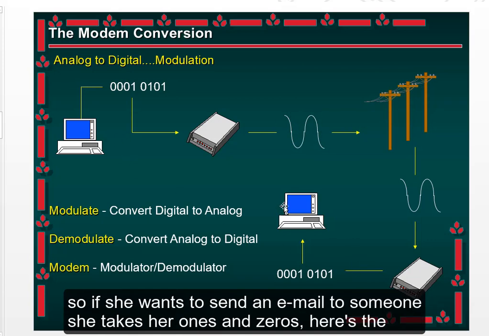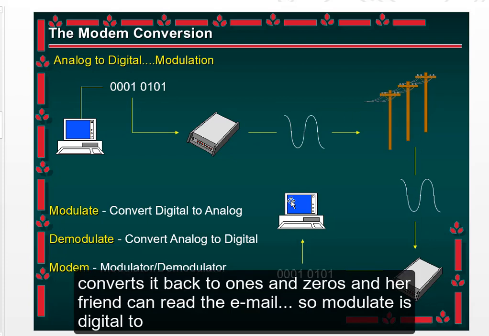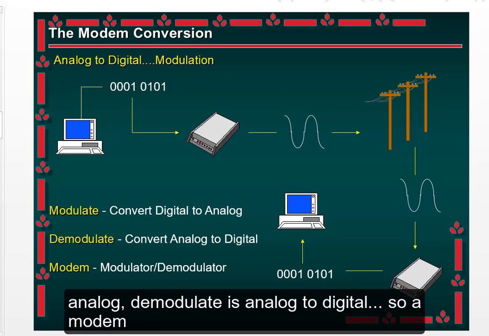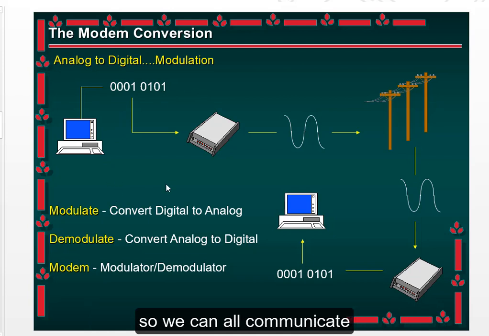So if she wants to send an email to someone, she takes her ones and zeros, here's the modem, it converts it to waves, it goes over the network, converts it back to ones and zeros, and her friend can read the email. So modulate is digital to analog, demodulate, analog to digital, so a modem makes the conversion and back again. So we can all communicate.